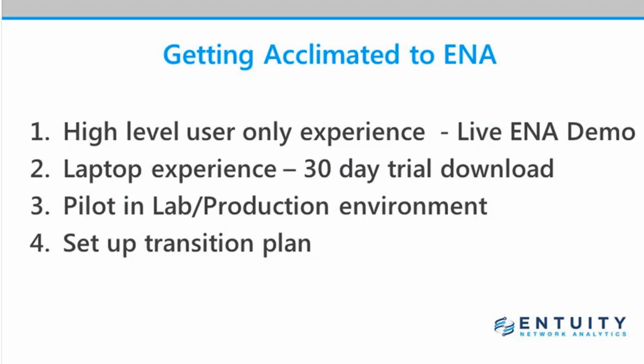However, you may want to do an intermediate step before looking for server resources, and if you don't have a spare server or spare VM available, what I would recommend is just take your PC, provided you've got at least 8 gig of memory, and download the Windows version.